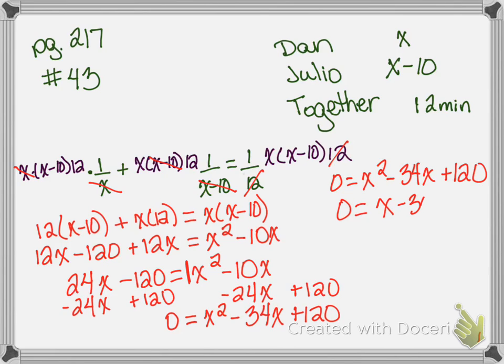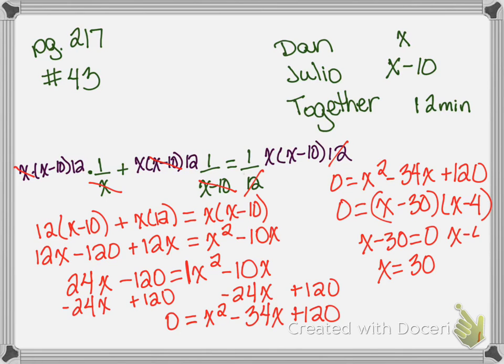So I'm going to have x minus 30 and x minus 4. So then when I set each one of those equal to 0, I get x equals 30, and then I get x equals 4.